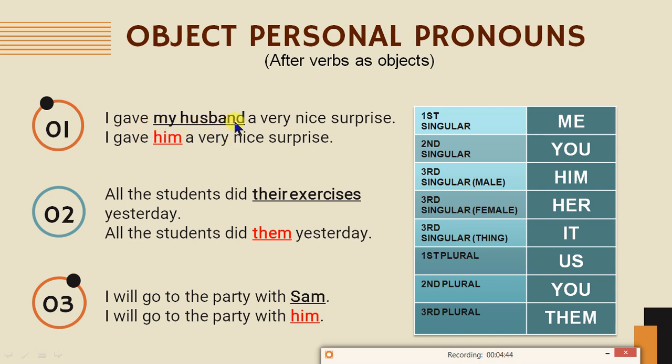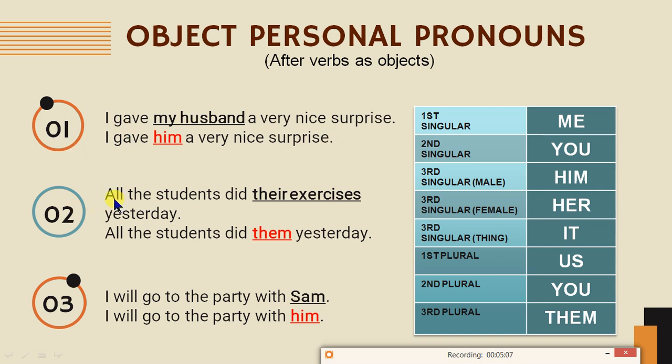You know very well, in third and fourth class you learned that for a female we use her and for a male we use him. So just see, on behalf of my husband in the next sentence what I am using: I gave him a very nice surprise. My husband is replaced by him. I hope you understand.